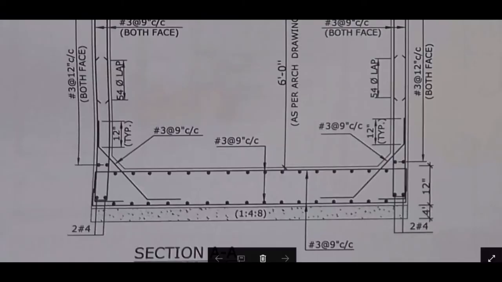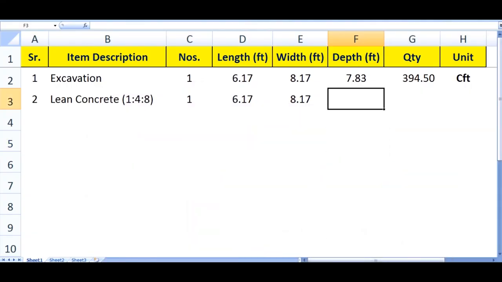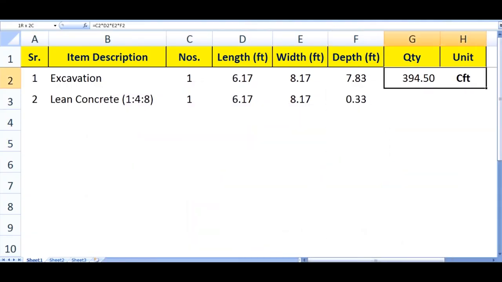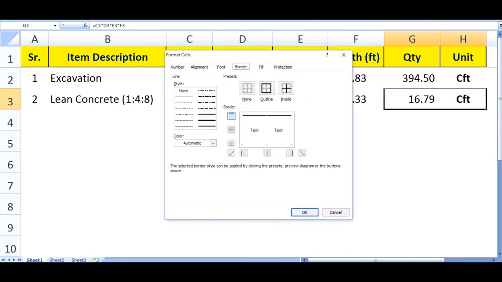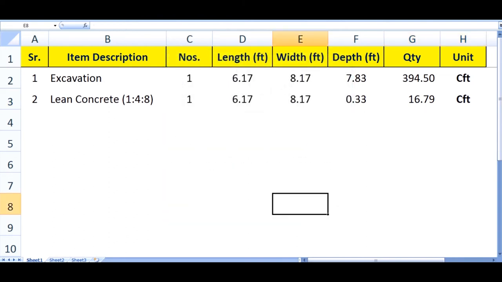The thickness of lean concrete is 4 inches. So we write here 4 by 12 and multiply all these quantities. Our lean concrete quantity for the UG water tank is 16.79 CFT.